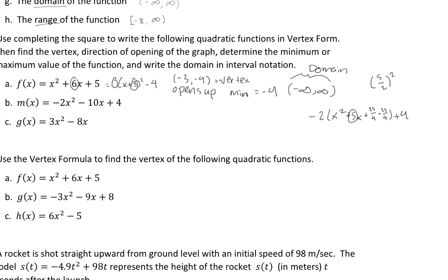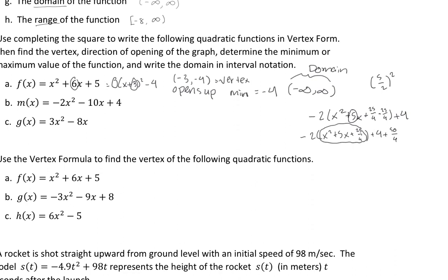And so if we rewrite this, it's going to be -2 times x squared plus 5x plus 25/4, and then plus 4, and then plus 50/4, right? And so then we can complete the square with this, right?